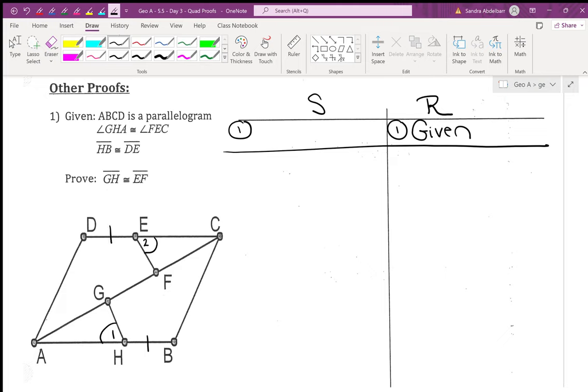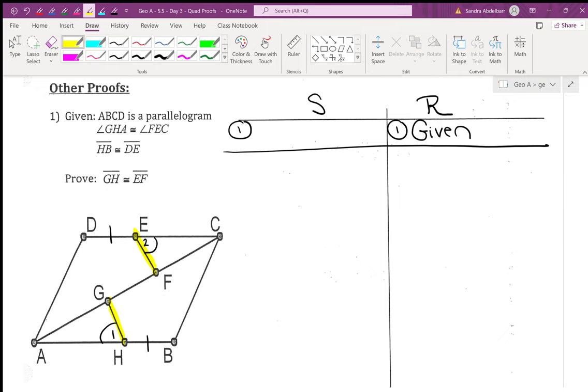And we need to prove, I'll highlight in yellow what we want to prove. We want to prove that GH is congruent to EF.